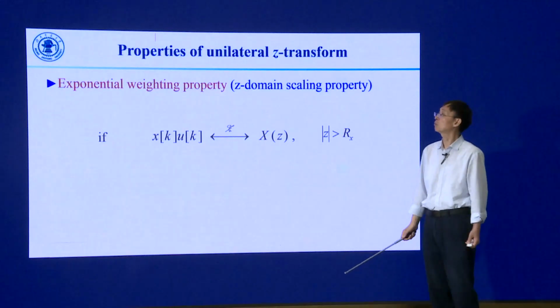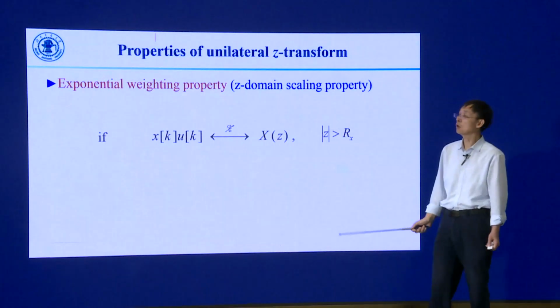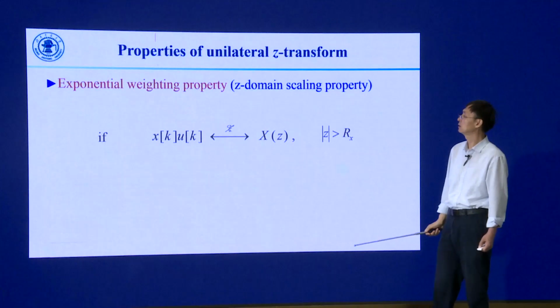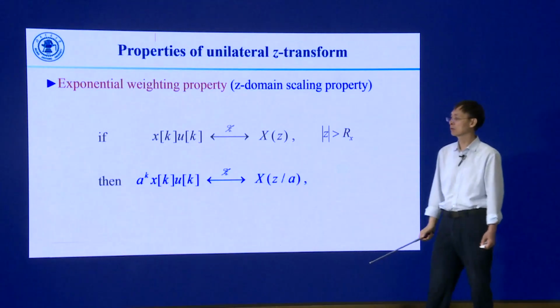Here is another property, the exponential weighting property. It's also termed the Z-domain scaling property. This property is described in this expression.